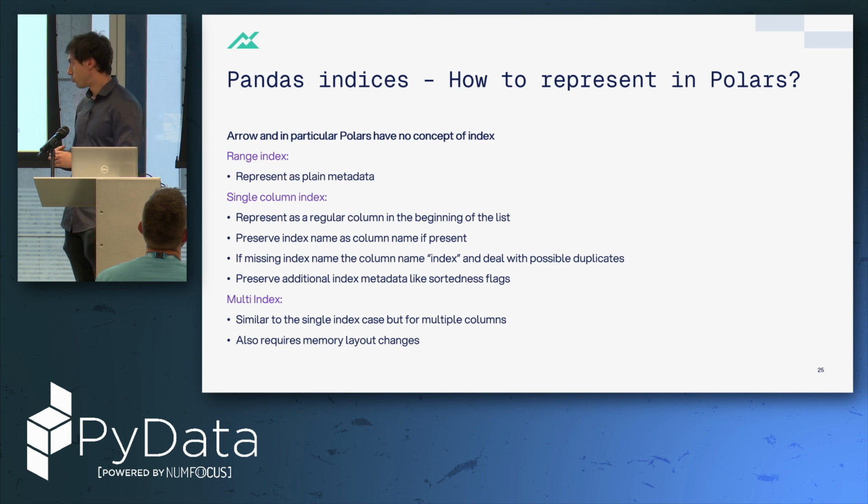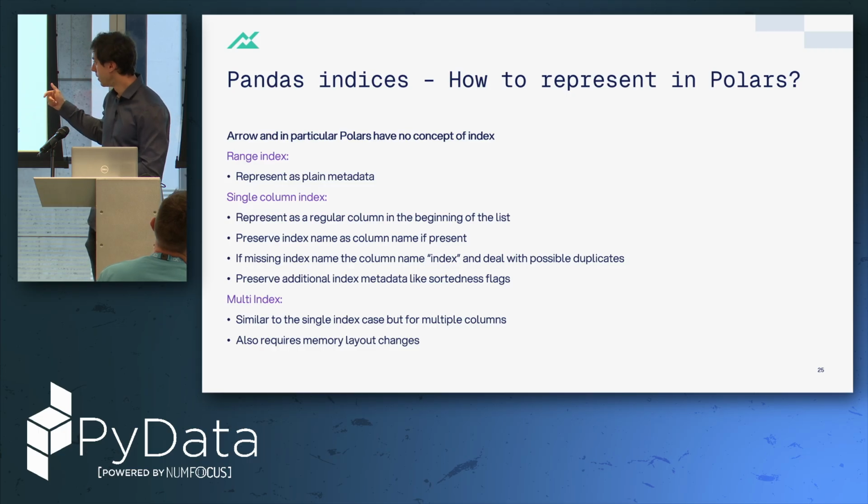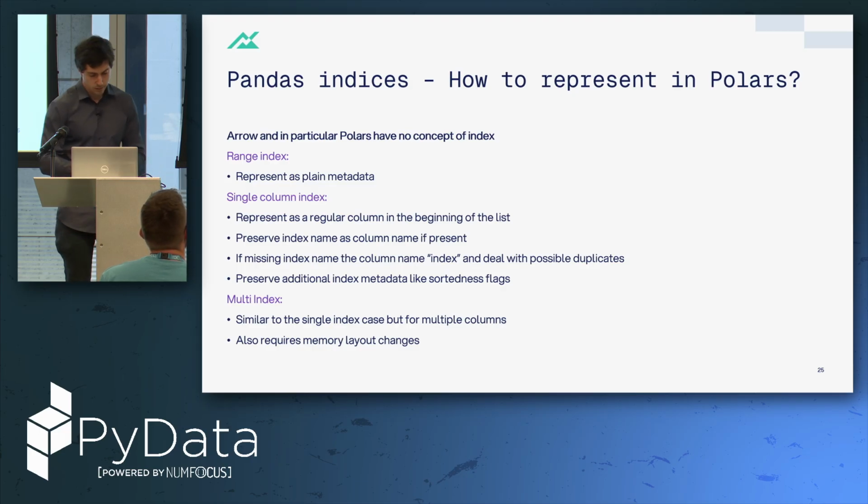And we should preserve any index metadata that we had. For example, if the index was sorted, we actually want to tell polars, okay, this column is sorted, so polars can be more efficient when it does processing, like it can use binary search or more efficient group bys, knowing that the column is sorted.